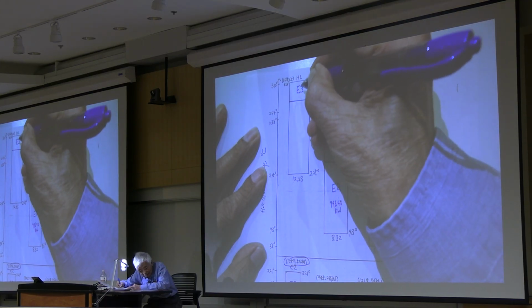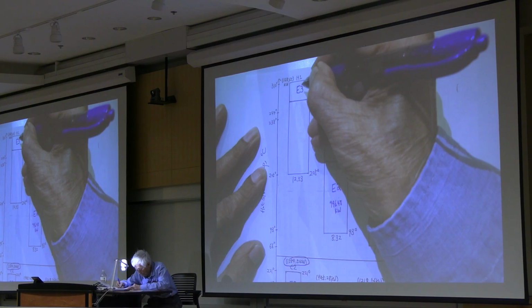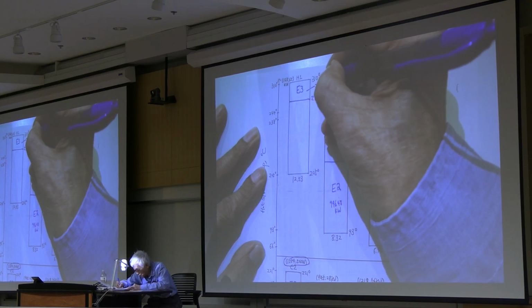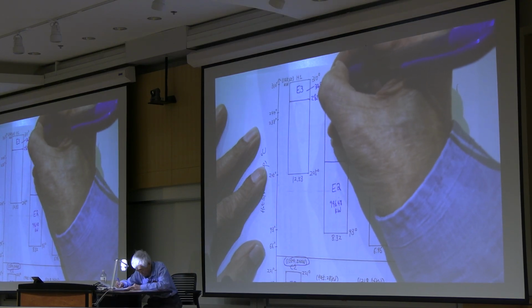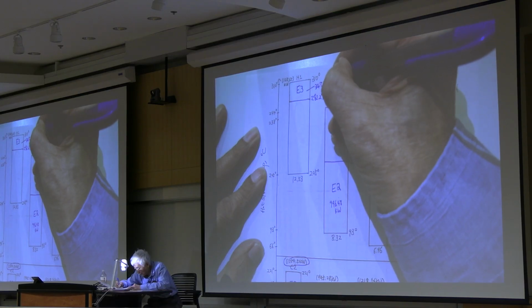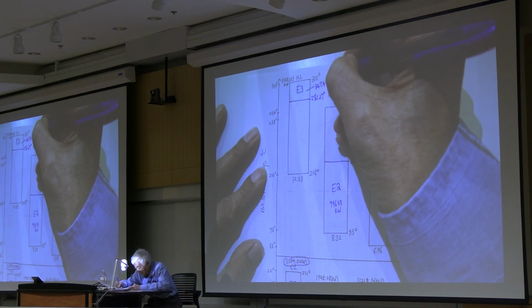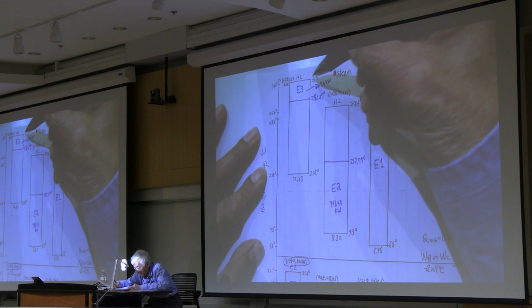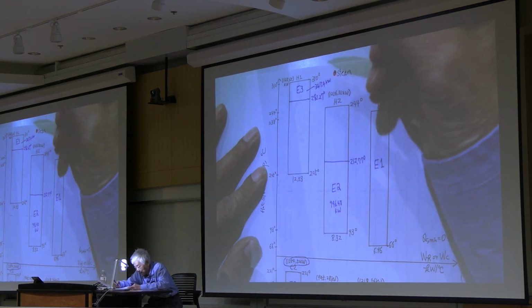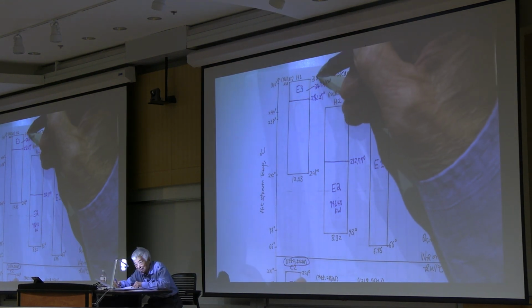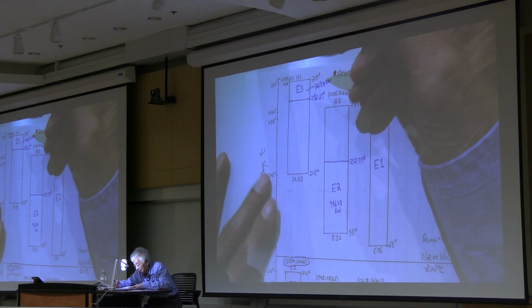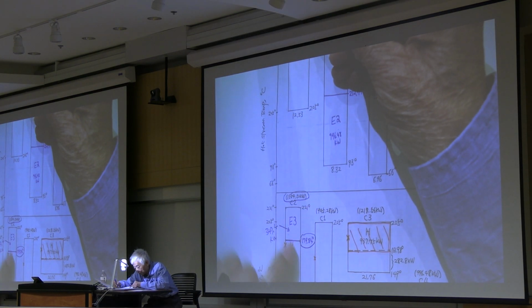E3. This is 347.4 kilowatt. Let's take a look. 310, 221, more than 11 degrees. 282, 179.